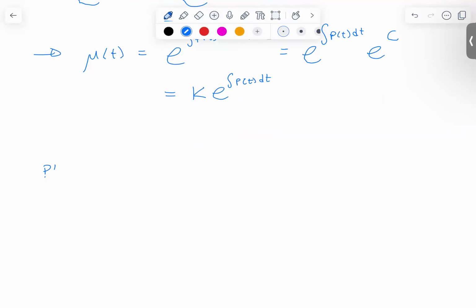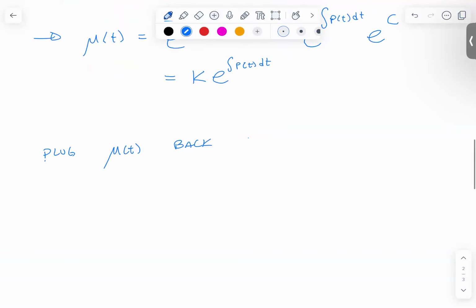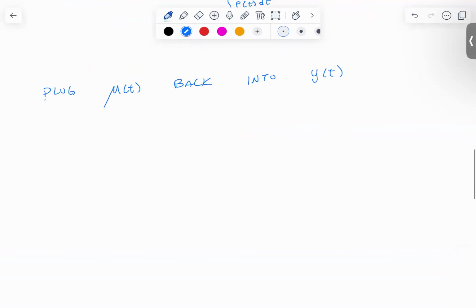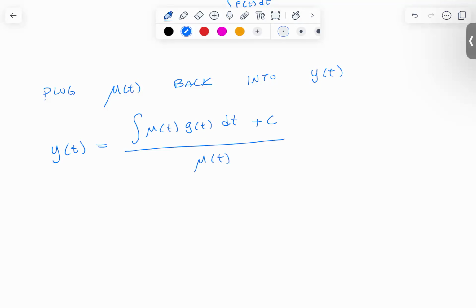One last step, because I have this constant here. Let's plug this back in. Plug mu of t back into y of t that we found above. All right, so our y of t that we previously found looks like this.